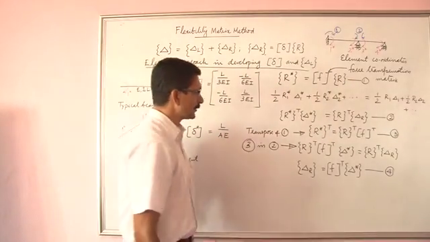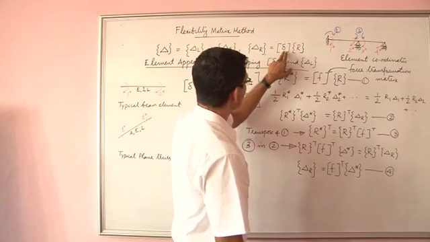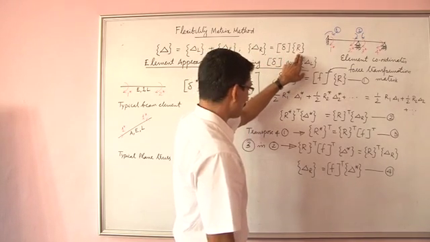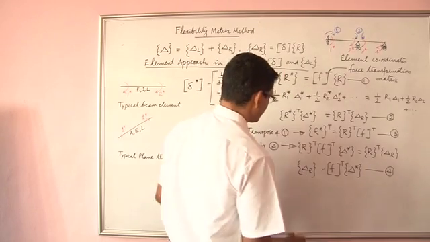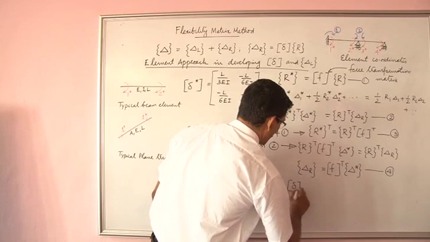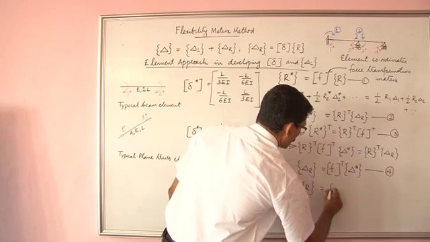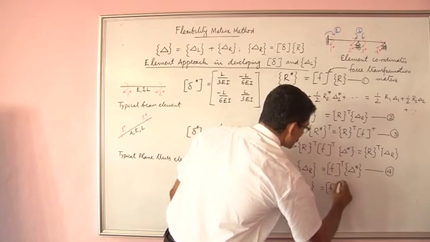Now further, we can write using the flexibility matrix. We have written delta R is equal to delta matrix into capital R vector. So if we replace this by that, it is equal to the right hand side F transpose.